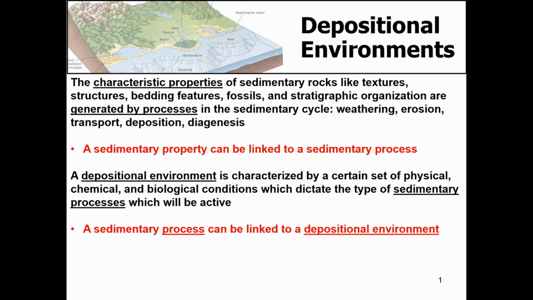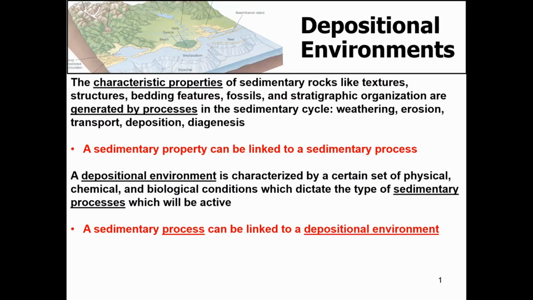So the environment decides what the depositional process is. For example, in a river depositional environment, the flow will be unidirectional flow, and whether the river is a large river or a small stream is gonna decide the flow velocity.